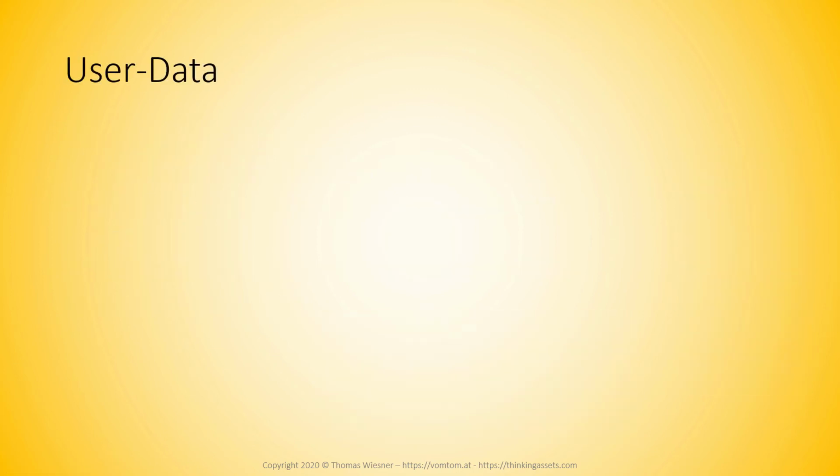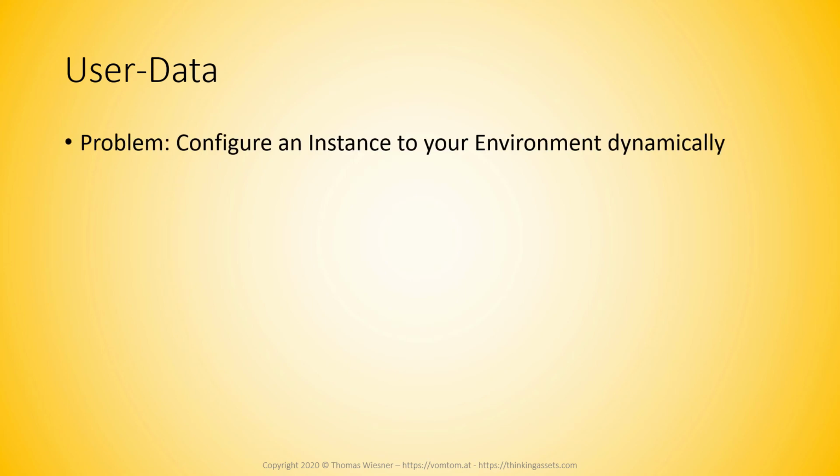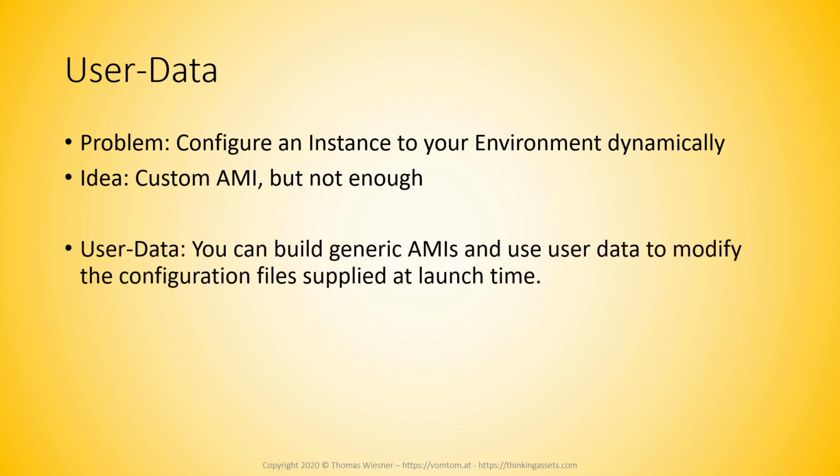Then there is user data, and the problem is that even though you can create your own AMIs, sometimes you need to configure an instance to your environment dynamically when it's starting. So the first idea that you usually get is, well, I create a custom AMI, but sometimes that's not enough and sometimes that's not even needed. And this is where user data comes in.